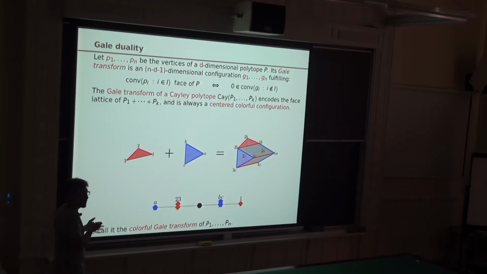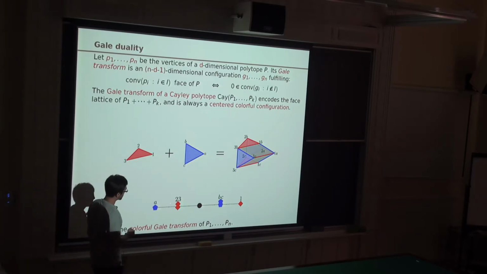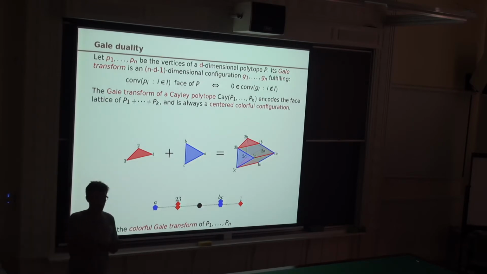So just to show you that this works, this is the Gale dual of the Cayley polytope of the sum of these two triangles. For example, the fact that 2 and B contain the origin in their convex hull means that the complement, which is AC31, forms a face of the Minkowski sum.